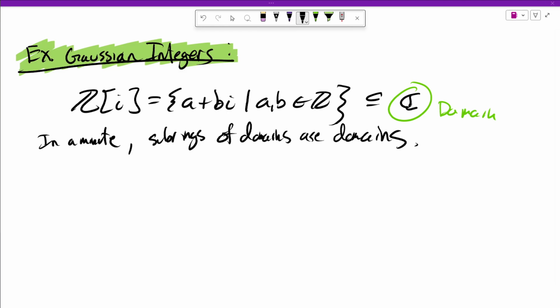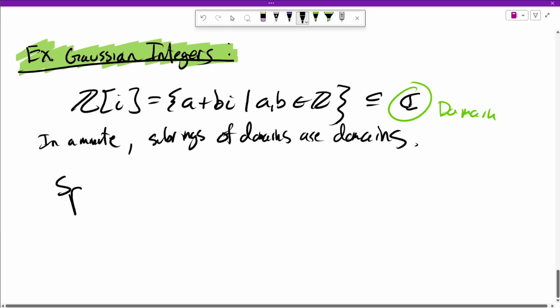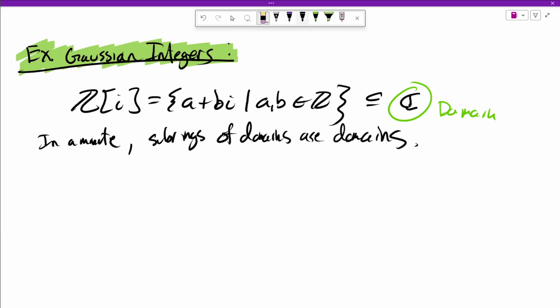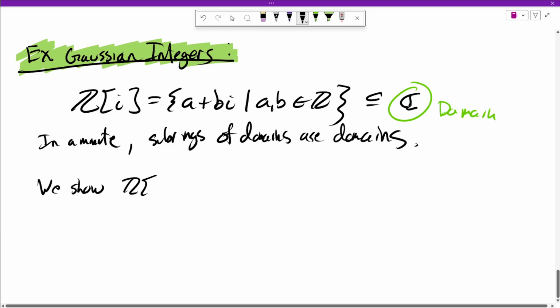Now, how do you show there's no zero divisors? Well, hang on, let me just say what we're going to do first. We're going to show that the Gaussian integers is a domain. To be a domain, we have to be non-zero.